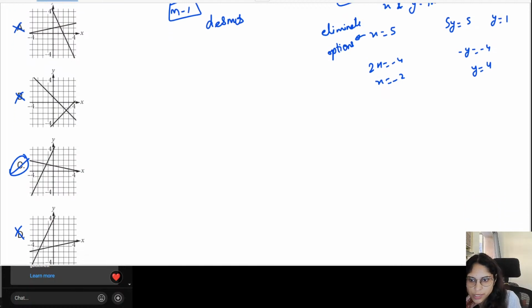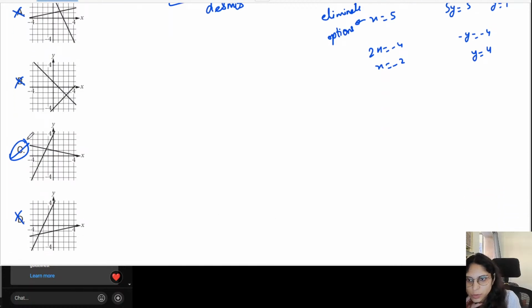So you see the point of intersection, it's in the second quadrant, there's only one option. Solution is in second quadrant. That's also way easier.